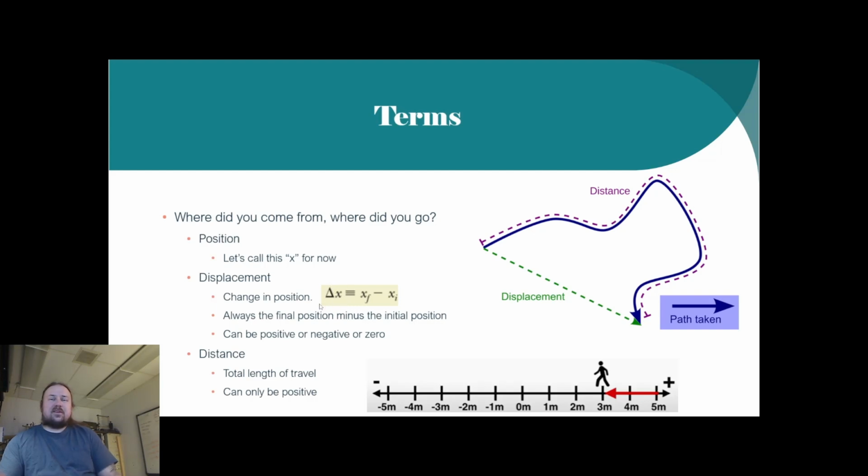You can think of that as change of. Okay, so change of x. X right now is what we are considering position, so this would be the change in our position. And it's always equal to, so triple equal sign, always equal to, wherever you end, which would be your XF. This F stands for final. It's your final position minus XI, I of course being your initial position. So where you ended up minus where you began, okay?